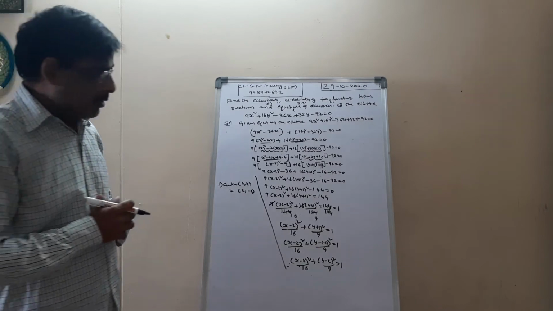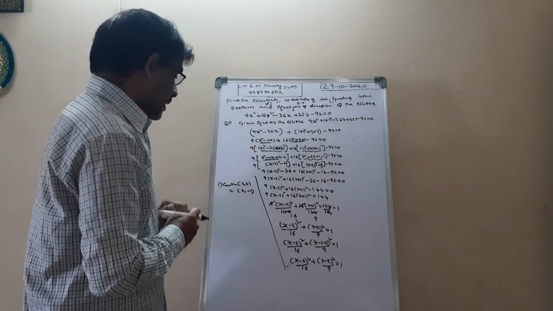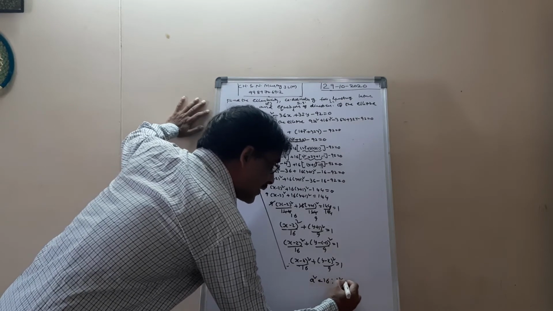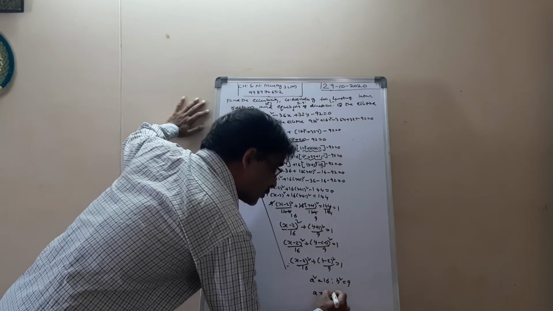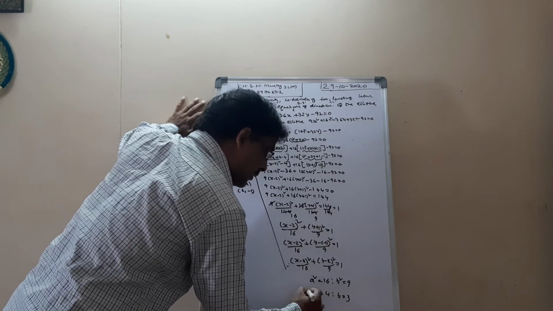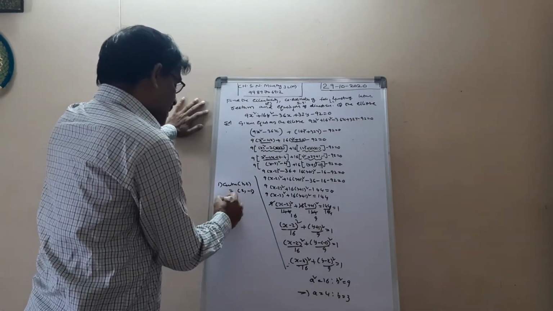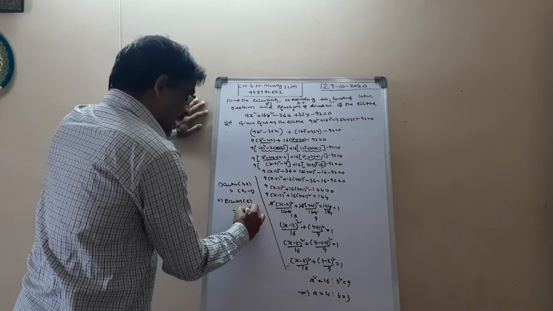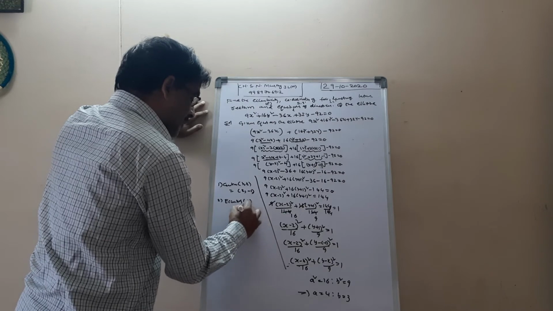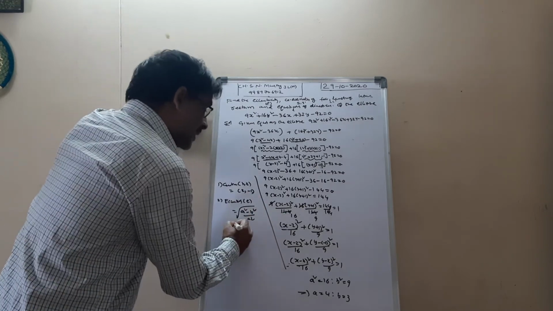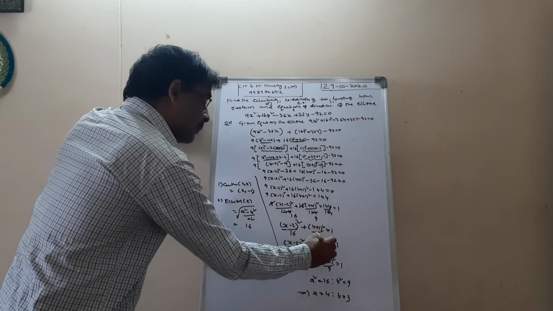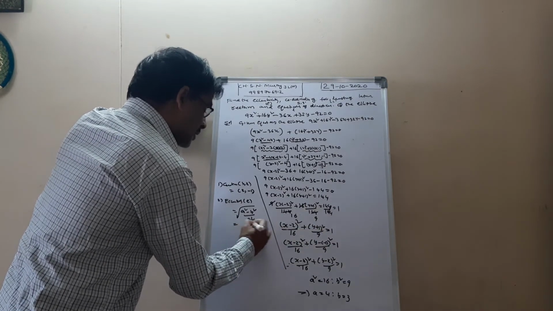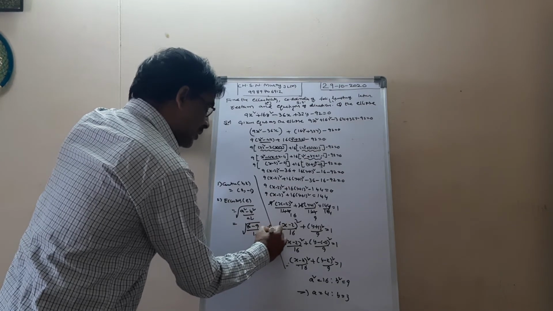Here a² equals 16, b² equals 9, which implies a equals 4, b equals 3. Now let me find the eccentricity: e equals √(a² − b²) / a, where a² equals 16 and b² equals 9, which gives √7 / 4.